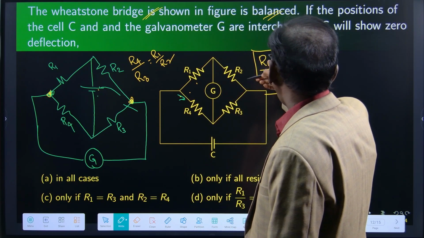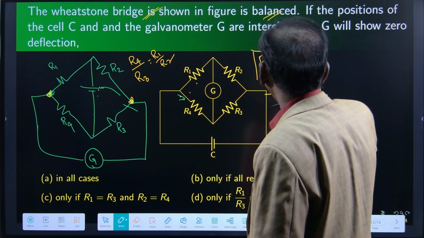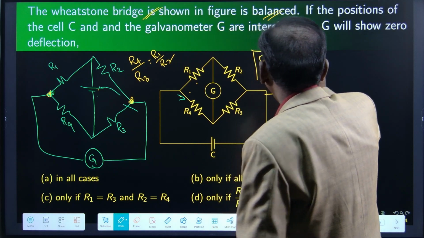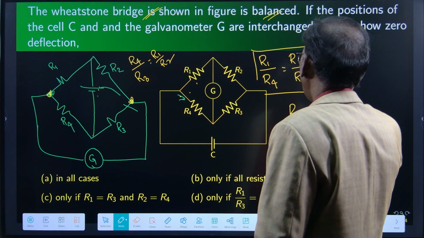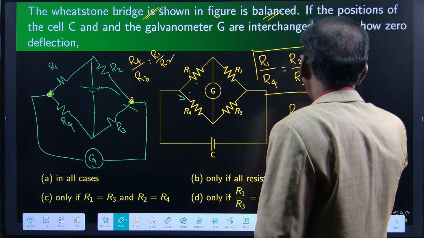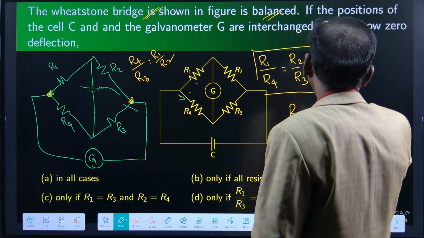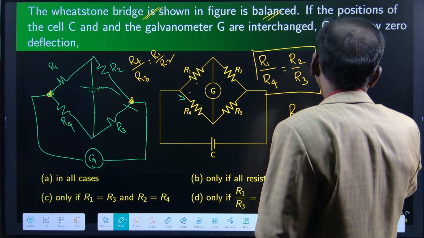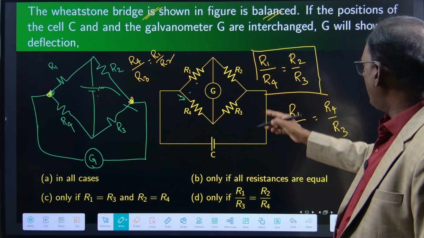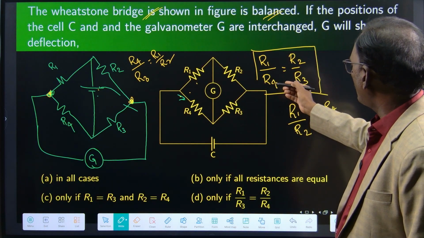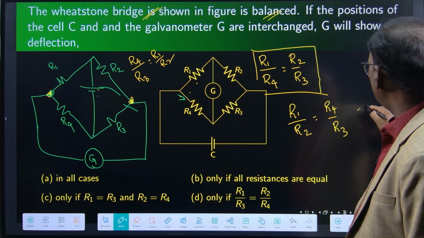Here, R1 by R4 is equal to R2 by R3. If we cross multiply it, I can rewrite this same equation: R1 by R2 is equal to R4 by R3.